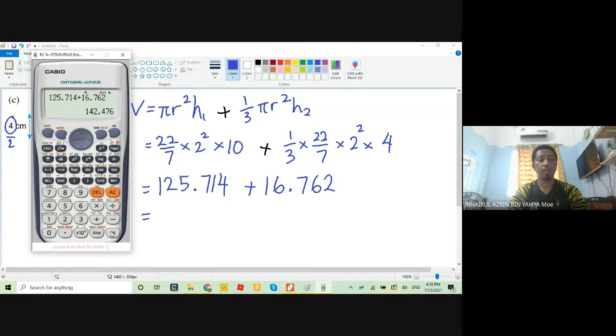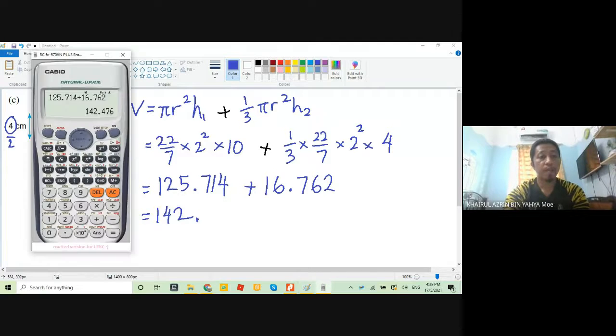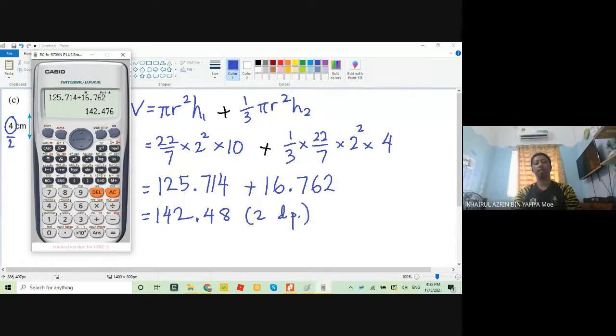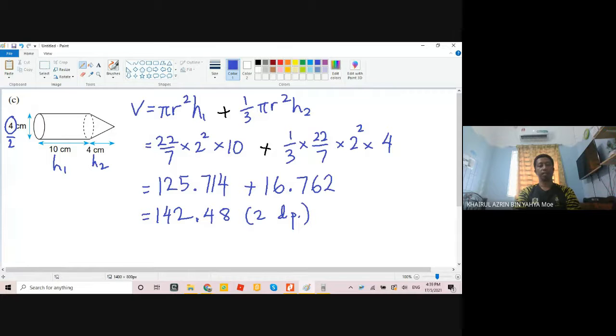Answer, okay, so 142.48, correct to 2 decimal places. Like that. 142.48, 2 decimal places. Okay, so this is the solution for question number 1.